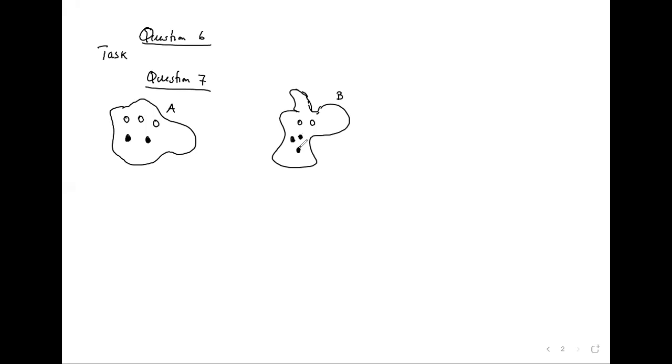Then 1 counter is removed from bag A and placed in bag B. So 1 counter is removed from here, taken to B. So I'm taking a counter here, we're taking it to B. We don't know whether it's white or black.